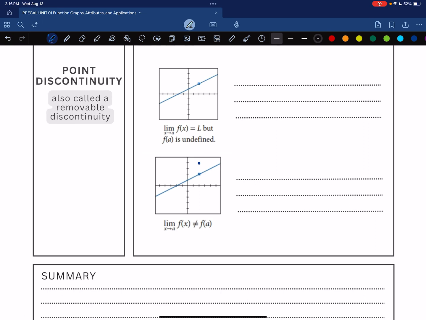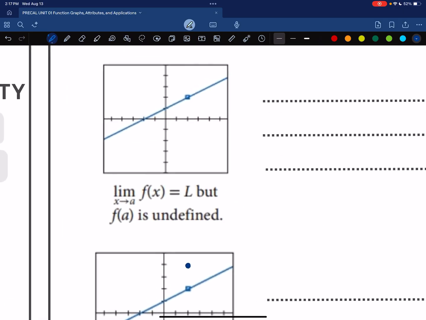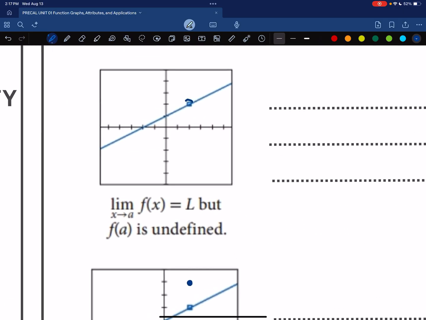are what are called point discontinuities. They may also be called a removable discontinuity. Either way that you say that is correct. So look here at this first one. You could have a removable discontinuity where, let me zoom in so you can see this real close, there is this hole in your graph.